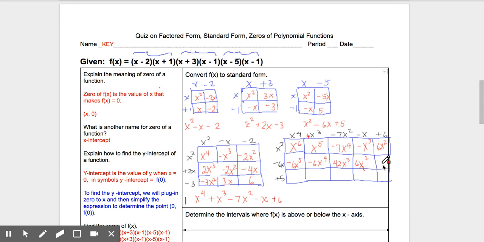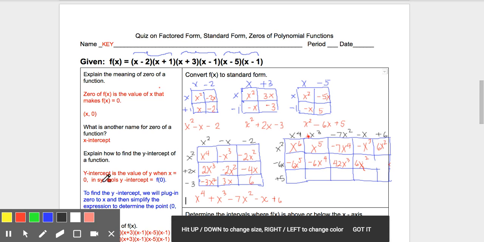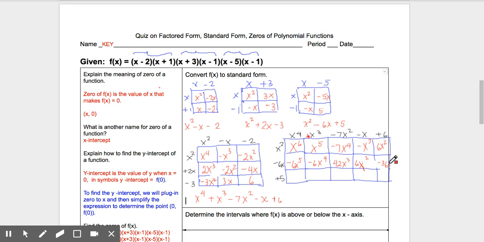And then negative 6x times 6 is negative 36x.